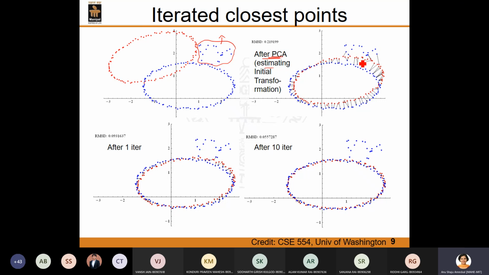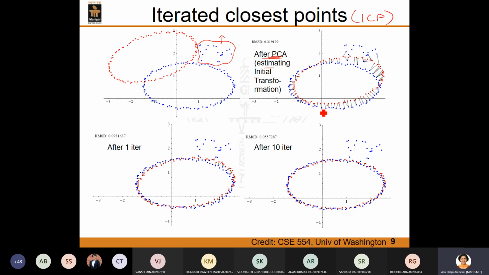Now, after finding this initial estimate, the ICP algorithm, as it is abbreviated, will try to find the closest points. For each of the points in the target, the closest point in the source is determined.